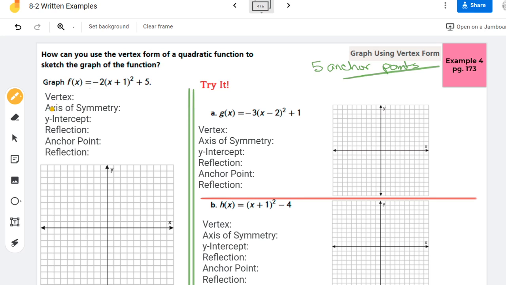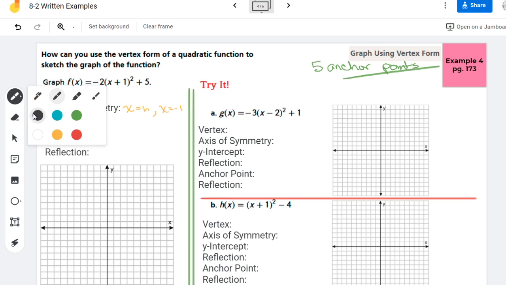Now, the vertex and the axis of symmetry kind of go hand in hand. The axis of symmetry happens where x is equal to the h value. So on this one, our axis of symmetry is at x equals -1. Remember, when identifying the vertex or the axis of symmetry, we put a negative in this formula.